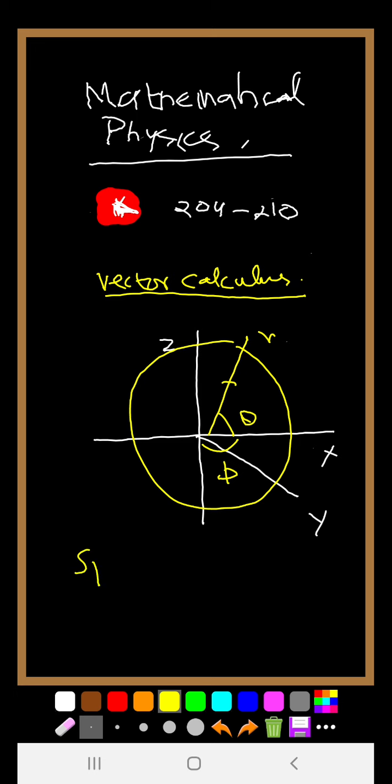So we can have a spherical coordinate system by r, theta and phi. The Laplacian operator can be represented in a spherical coordinate system as well, and in a cylindrical coordinate system as well.